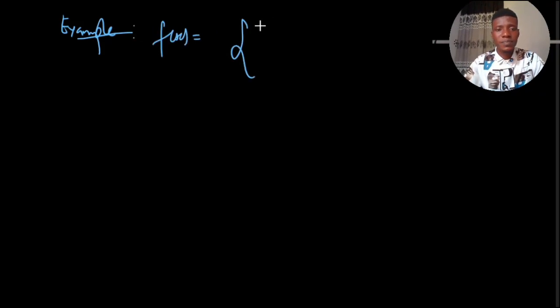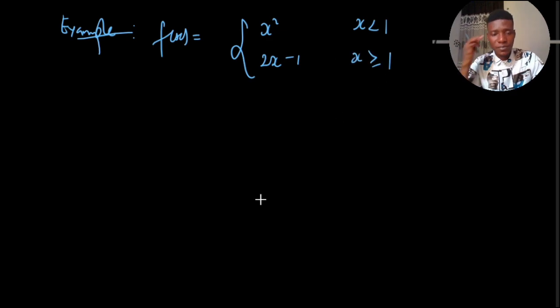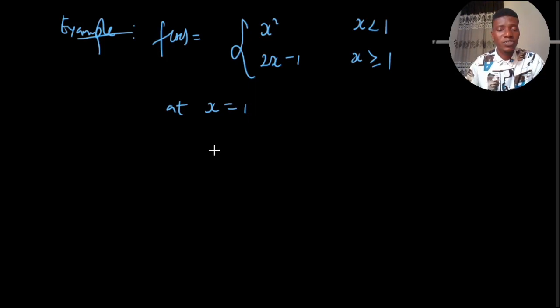Let's consider this piecewise function: x squared when x is less than 1, and 2x minus 1 when x is greater than or equal to 1. Let's test the differentiability at x equals 1. Is this function differentiable at x equals 1? All you need to do is to check the continuity. After checking the continuity, then you check the two derivatives.